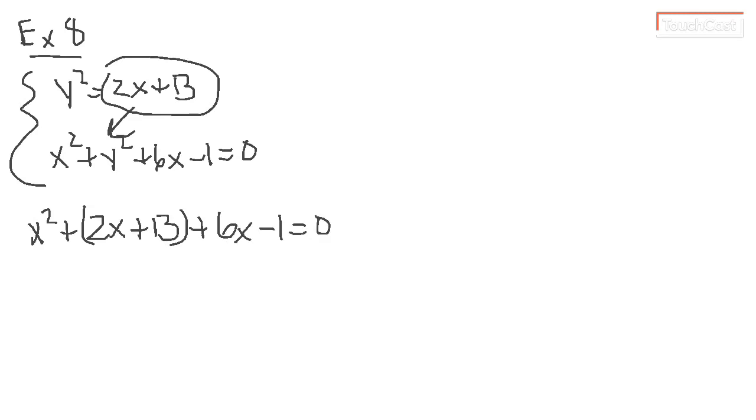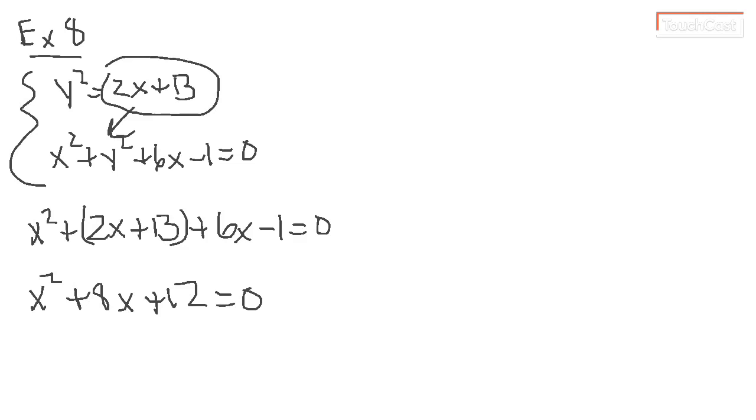Now in this case, we can drop those parentheses and start combining like terms. So there's just the x squared. If we combine 2x and 6x, we're going to get 8x. And if we combine the 13 and the minus 1, we're going to get plus 12 equals 0.